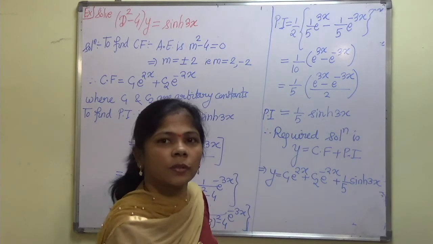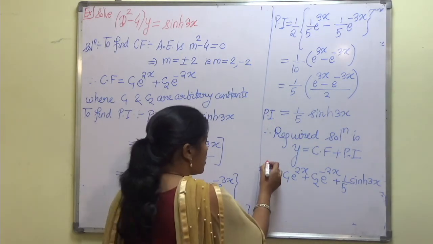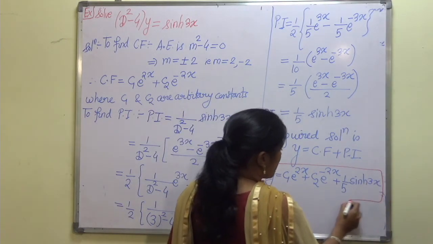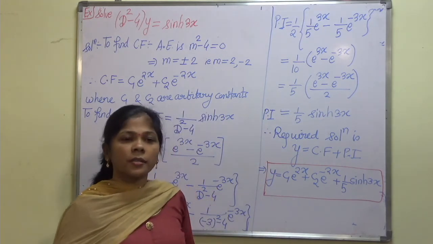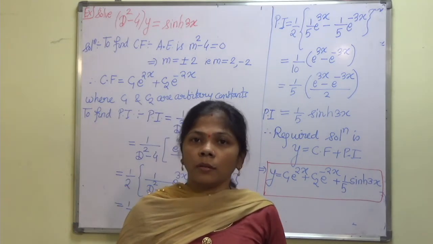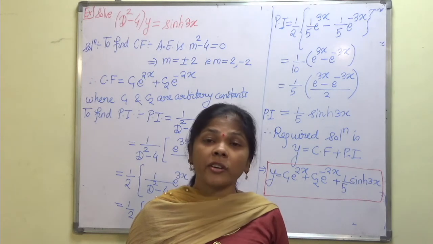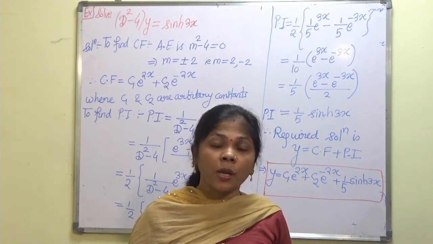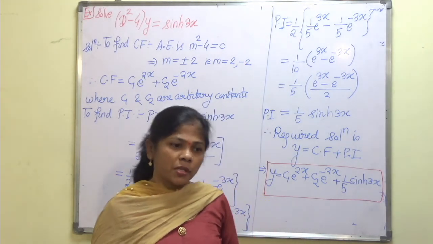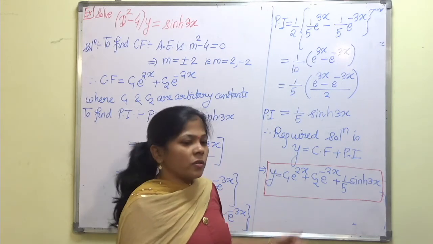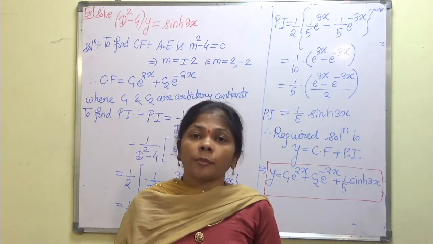Okay, so this is the required general solution, and this involves two arbitrary constants. According to the rule, whatever will be the order of differential equation, the same must be the number of arbitrary constants that we find here, right? So in this way the problem is solved.